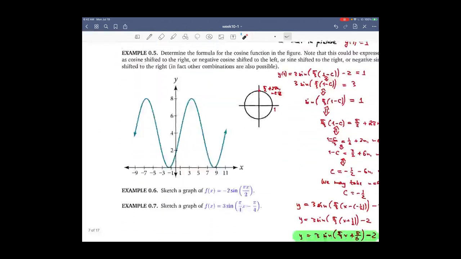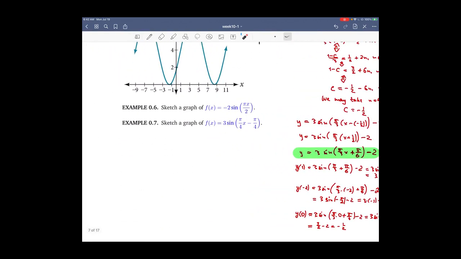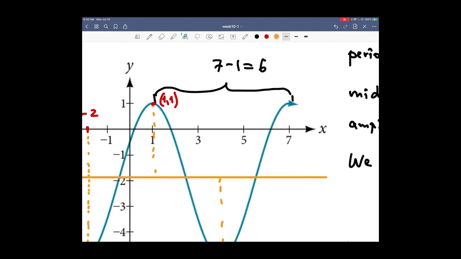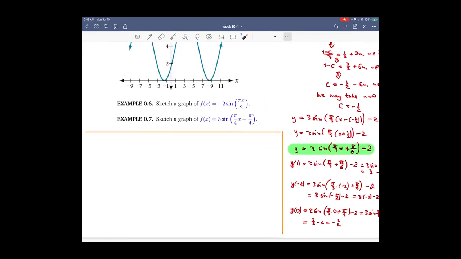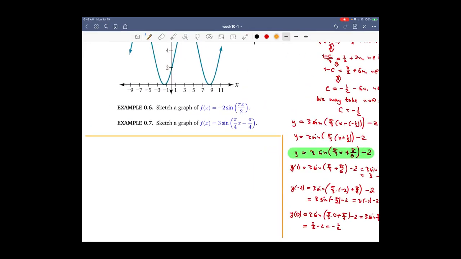Just one other question that I want to resolve here is the zeros. I want to know what this value is. So where is y zero? If I equate 3 sine(pi over 3 x plus pi over 6) minus 2 to 0, it's not a value that's easy to understand.